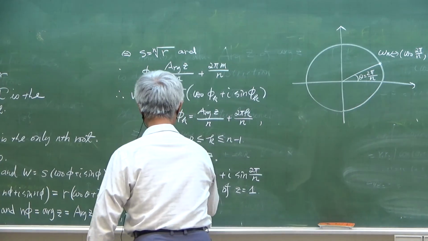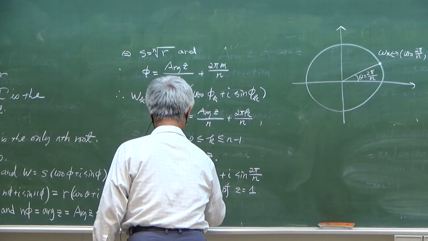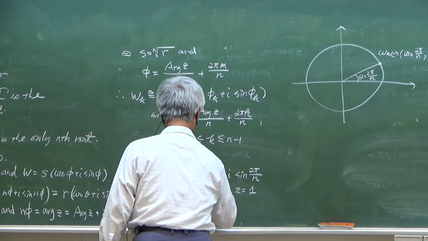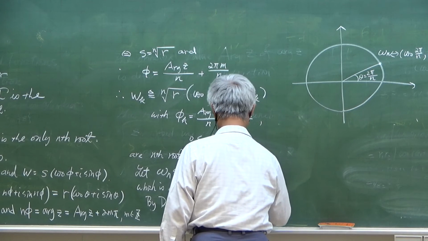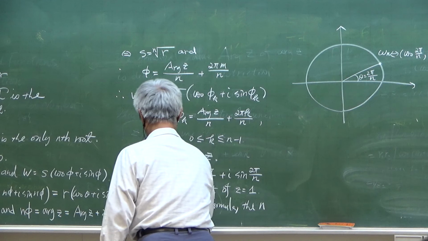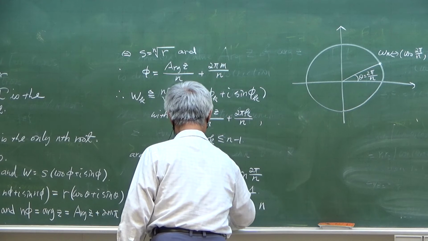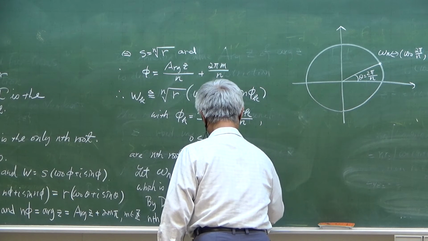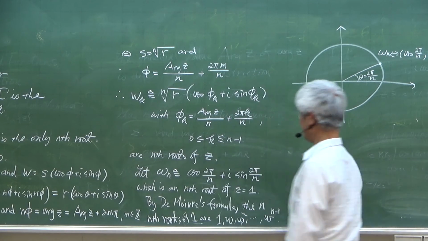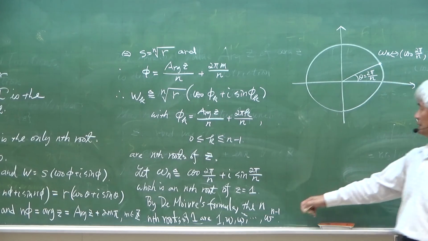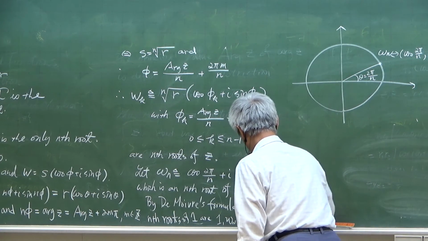And from here, we know by De Moivre's formula, the nth roots of 1 are 1, omega n, omega n square, up to omega n to the n minus 1. Okay? So it's very easy, with omega n.